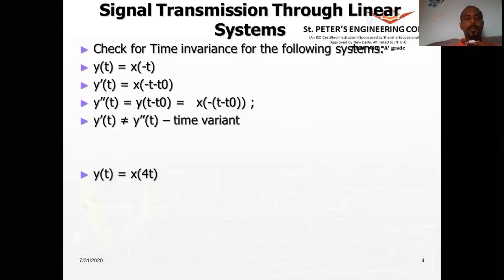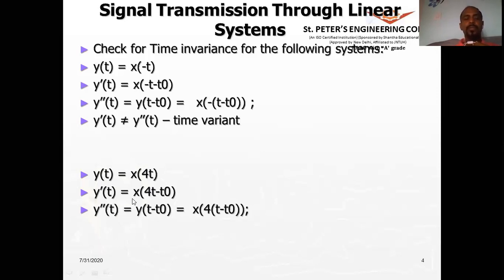Let us take another problem. Y of t is equal to x of 4t. Is it time varying or not? What is y dash of t? It will multiply 4 not with t naught, but with only t. What will be y double dash of t?